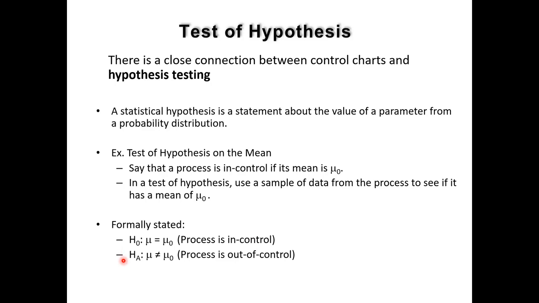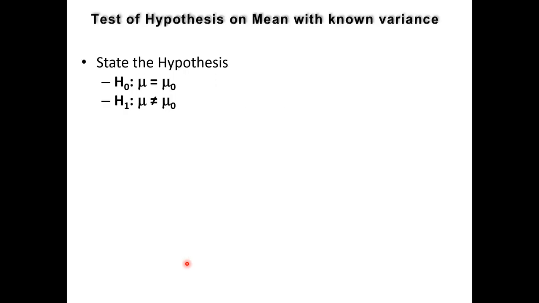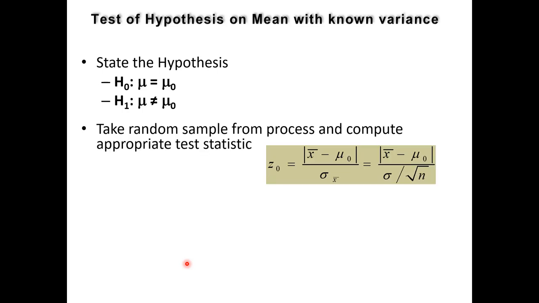Against the alternative hypothesis whereby mu does not equal mu naught: the mean of your sample does not equal the population mean. If that's the case, then the process will be out of control. That's your hypothesis statement for the null as well as the alternative hypothesis.